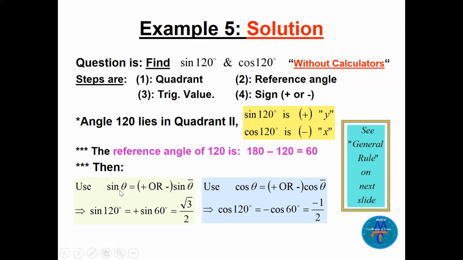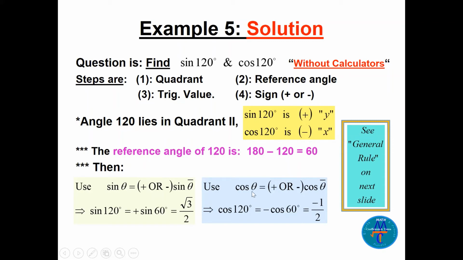We said positive for sine 120, so plus sine the reference. Sine theta is equal to plus or minus sine the reference. You can just remember that. And we know sine 60 is square root of 3 over 2 and positive, so that's the answer here.